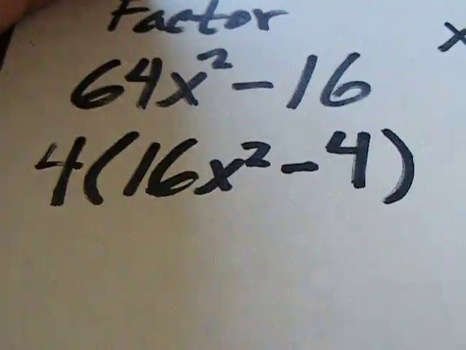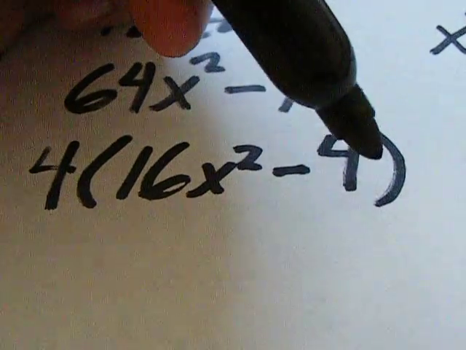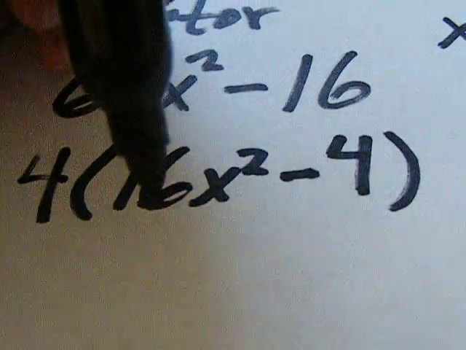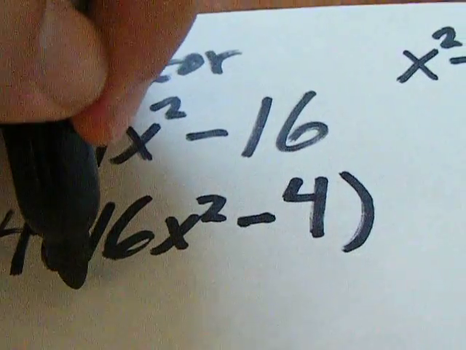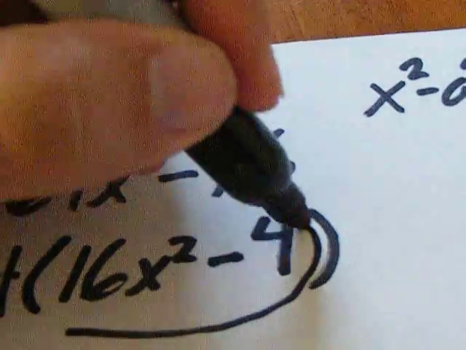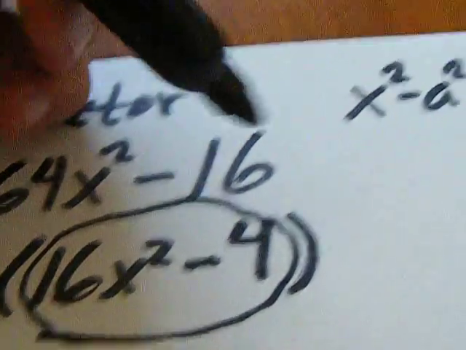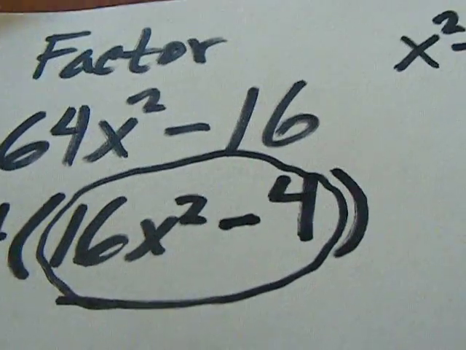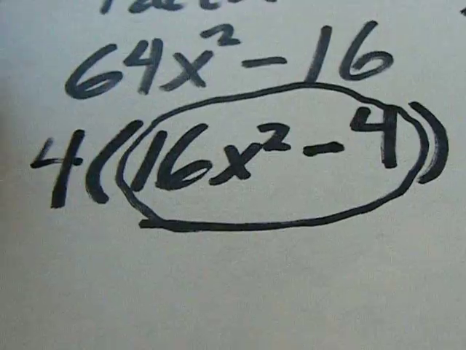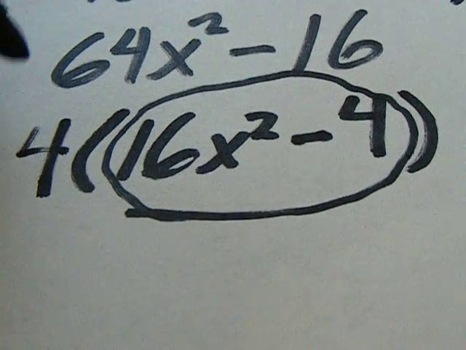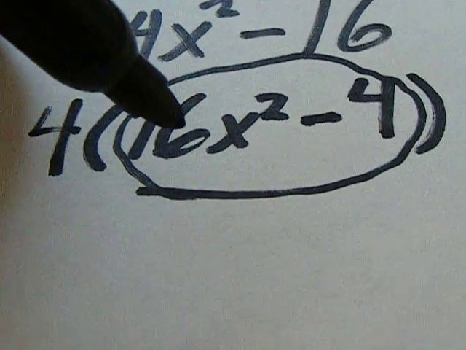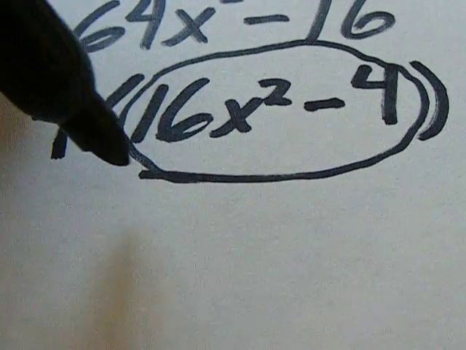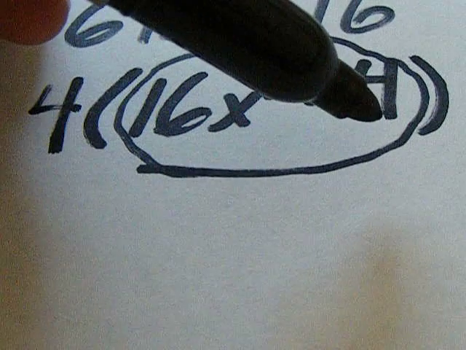Great! We've got 4 times this, yes? It still doesn't look like that, but it's really this part. Now that we have a GCF, we're really concerned with making this part here look like that. So I see that taking out that 4 really wasn't good enough, because I could easily take out another 4, because 4 does divide 16, and 4 also divides 4.